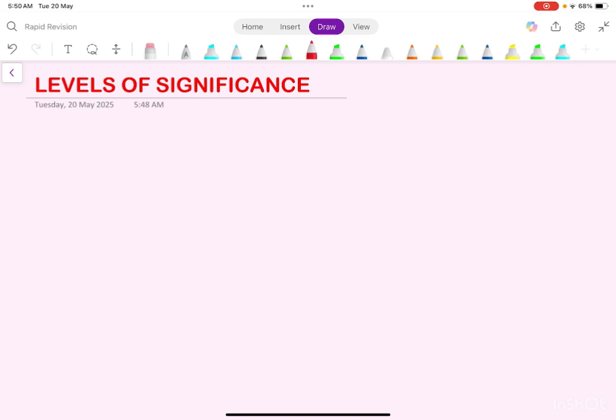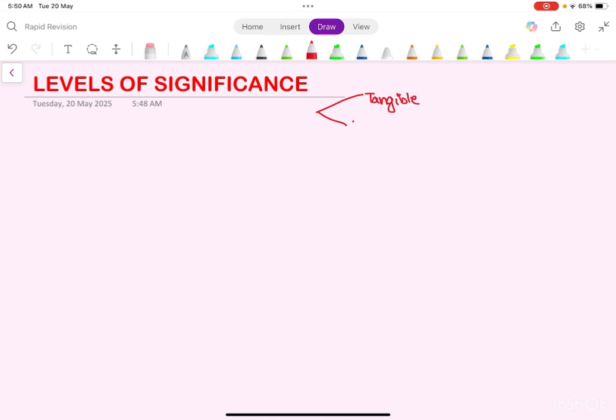So first of all, in level of significance, you need to know the difference between tangible and intangible. Tangible, in English literature, is something which you can hold. In this context, it means which can be perceived by the patient, and intangible is which cannot be perceived by the patient, but the dentist knows the benefit of the therapy that he's doing.